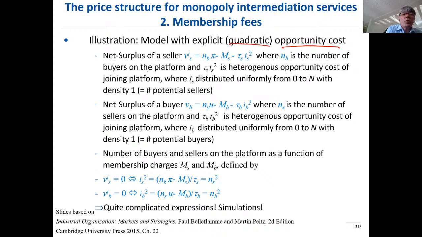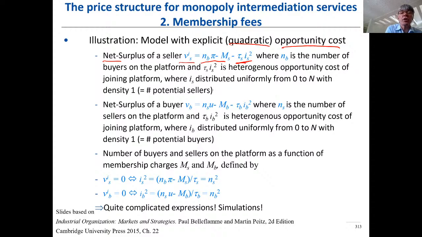For instance, what I did here, I used the net social surplus, and for simplicity, I just denoted this as V, and this is the same thing as we previously had, minus some opportunity cost of joining the platform. And this is, if you ever have heard of the Hotelling model, just like transport cost here.